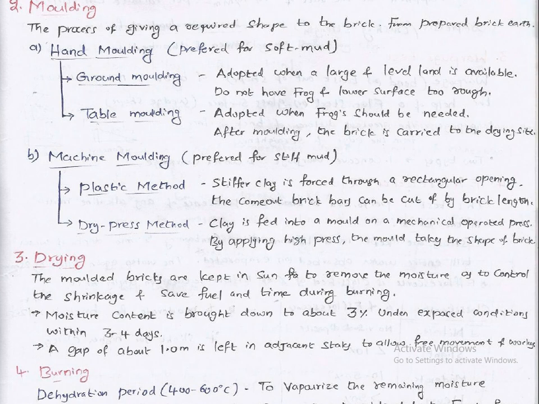Drying. The molded brick is kept in the sun to remove the moisture, so as to control the shrinkage and save fuel and time during burning. So drying is important.